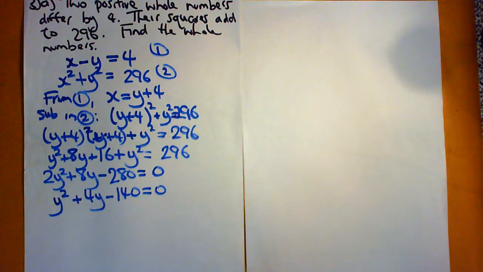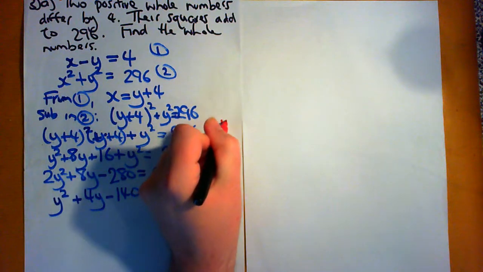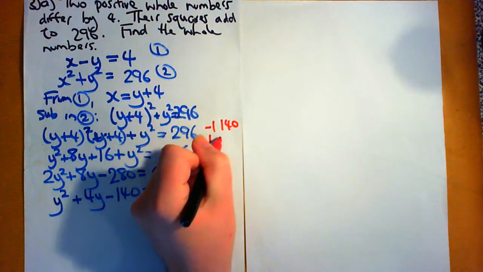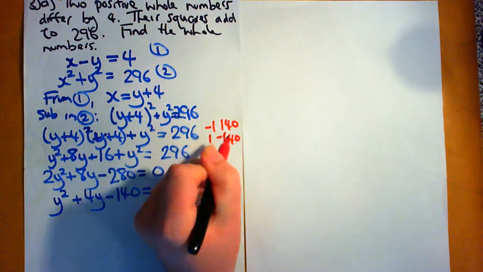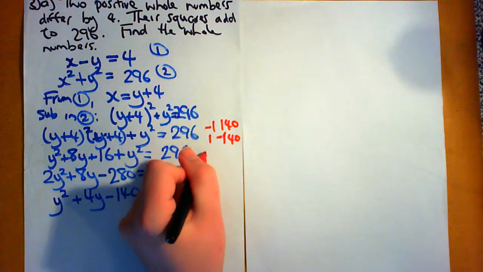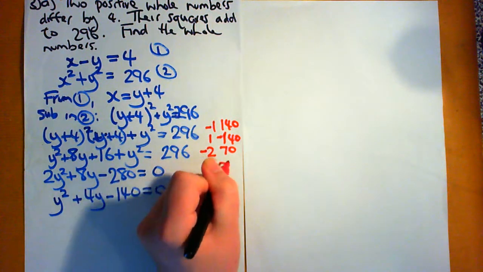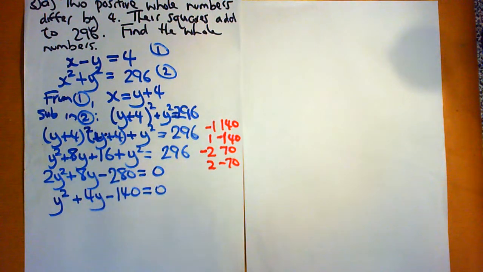We're looking for the pairs of numbers that multiply to negative 140, and then we'll choose the one that adds to 4. So the combinations are negative 1 and 140, or 1 and negative 140. We can divide 2 into 140, so that gives us another couple of pairs. 3 doesn't go in, but 4 does.